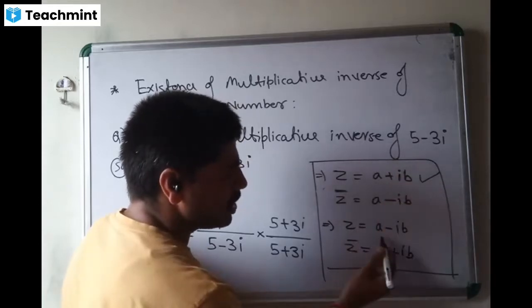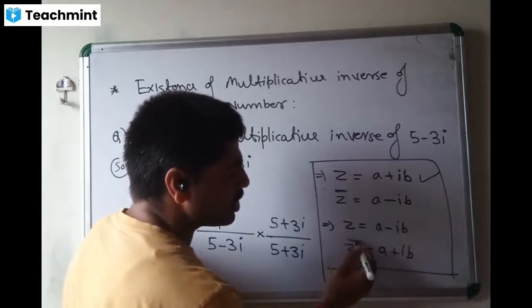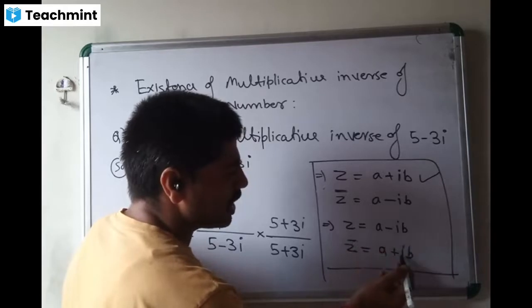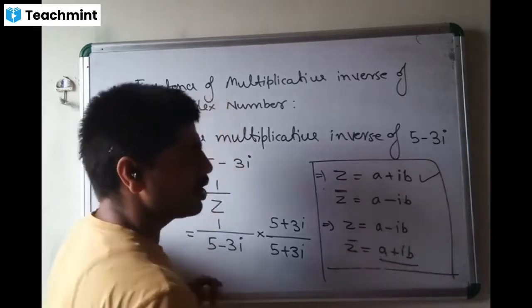Now here you can see in this example, Z is equal to a minus ib. Now find its conjugate. So this minus i becomes plus i. Yes or no? Tell me.